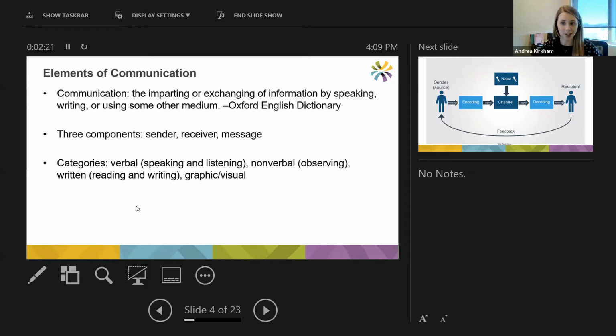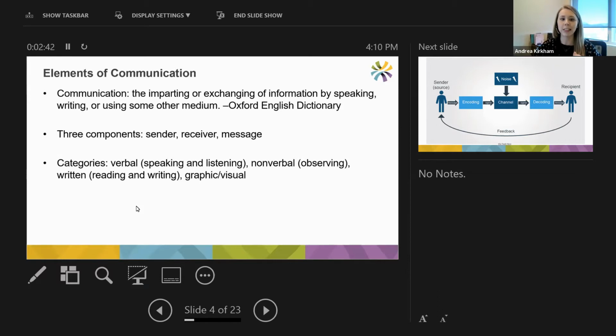So communication happens once you have two or more people that have actually been able to impart and receive information successfully. If you're just going off talking to a wall, it might be perfectly well recited and you've got lots of great facts, but if you're talking to a wall, it's still not communication because you haven't had anyone actually receive it.